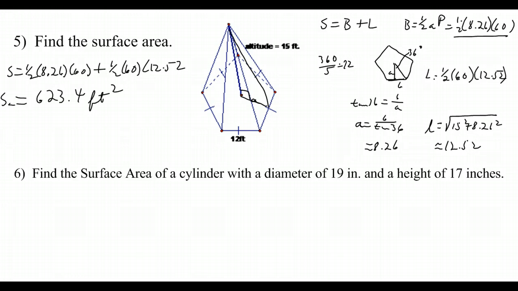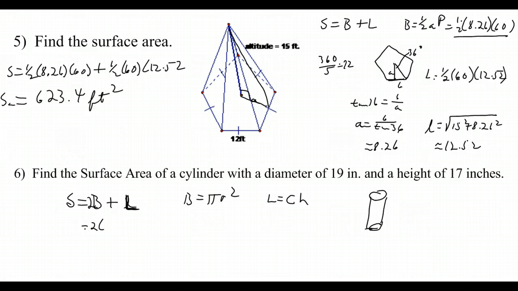Finding the surface area of a cylinder with a diameter of 19 and a height of 17. So surface area is the base plus the lateral area. Remember, my base in a circle is pi r squared, and my lateral area in a cylinder is the circumference times the height. So my pi r squared is, and this is a cylinder, I need 2 of those bases, excuse me. I was looking at it as a cone again, but we need 2 bases.